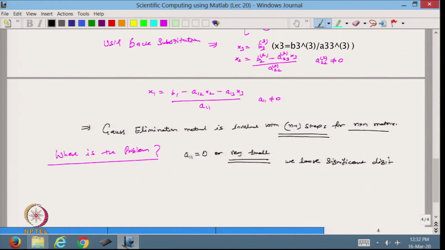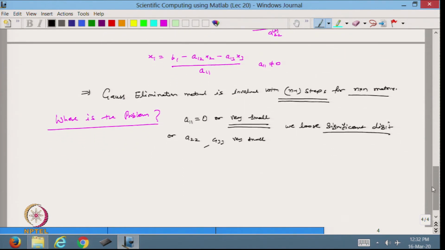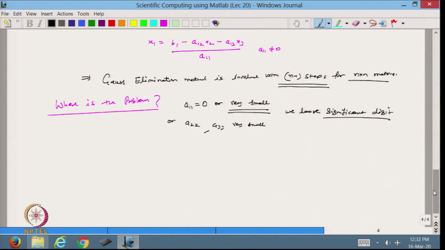In the previous lecture we have seen that if we divide by a very small number then we lose significant digits, so this is not permissible. What will happen if a11, a22 or a33 are very small? In that case my Gauss elimination method will not work and it will not give you the exact solution.